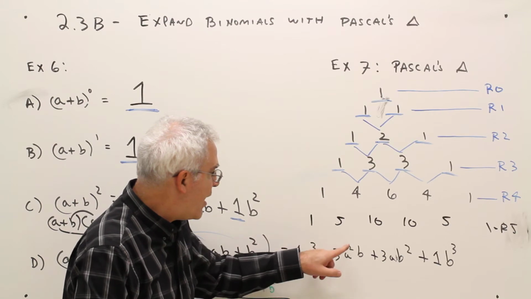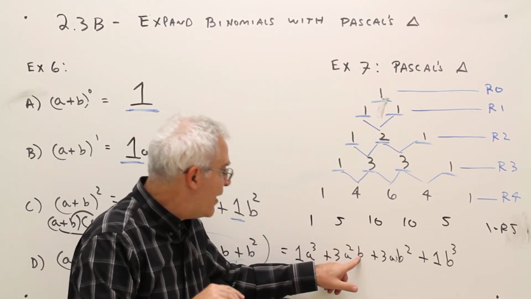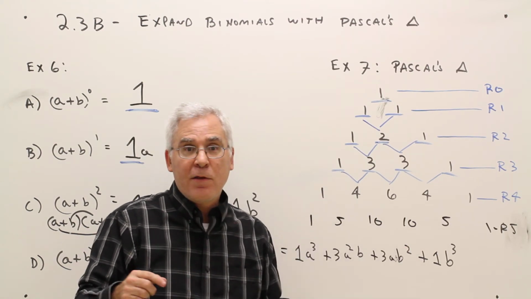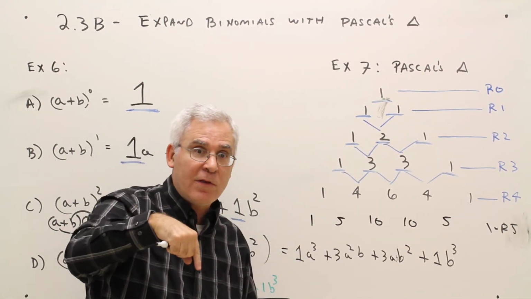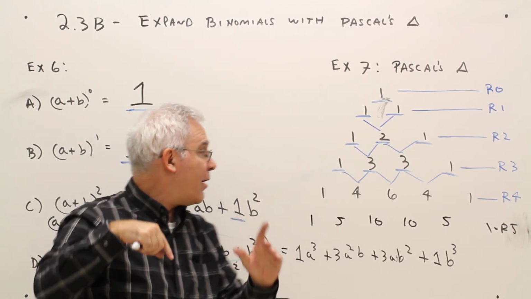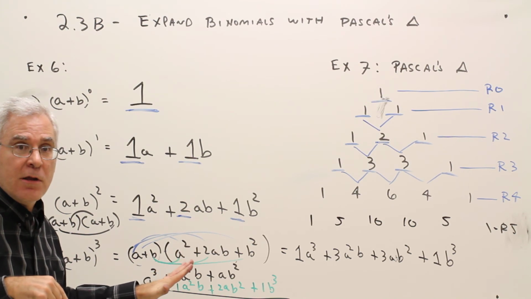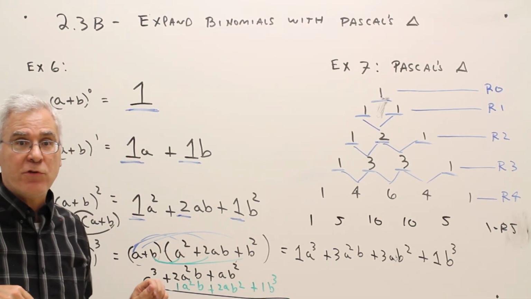So a3, a2, a1, a gone. B not there, b1, b2, b3. So the first letter's exponents are going downwards, and the second one is going upwards. So we will use this connection to do some more examples with expansions right now.